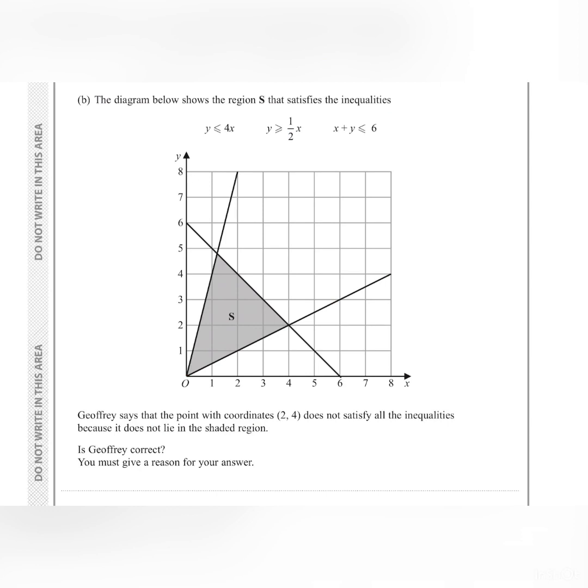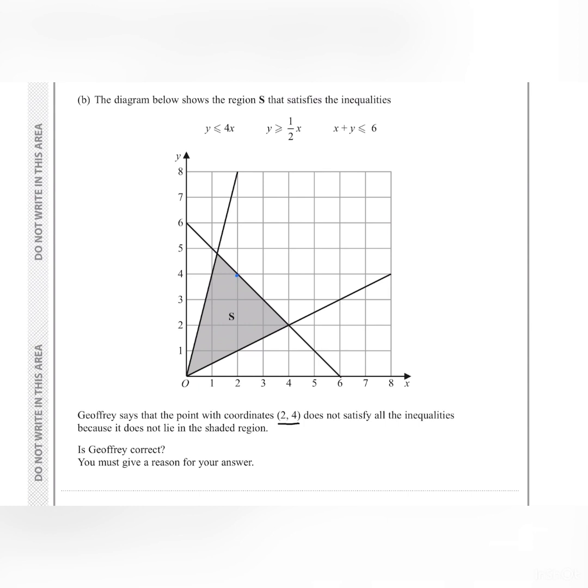Okay, part B, they have given you a graph with 3 lines on there and a shaded region S. It says Jeffrey says that the point with coordinates 2, 4 does not satisfy all inequalities because it does not lie in the shaded region. Now, 2, 4 is over here.